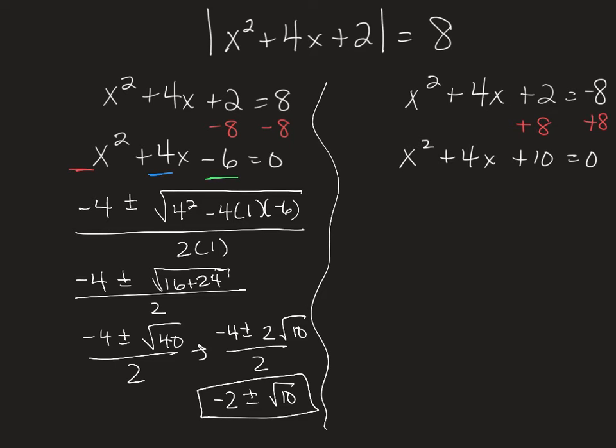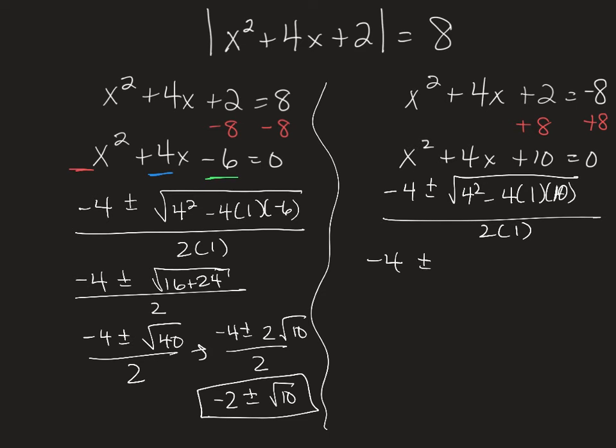And again, it is not factorable. So we're going to do the quadratic formula again. Negative 4 plus or minus the square root of 4 squared minus 4ac, all over 2a. This is going to give me negative 4 plus or minus the square root of 16 minus 40, over 2.